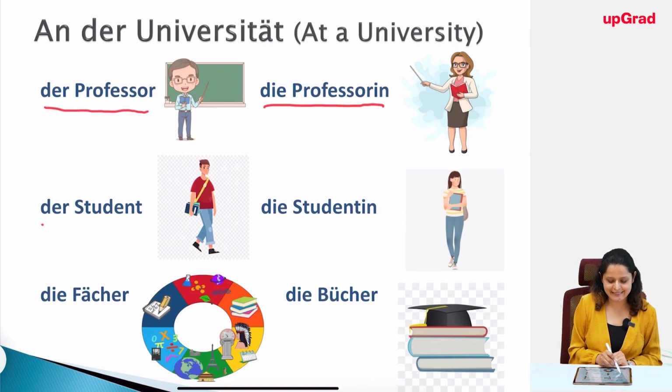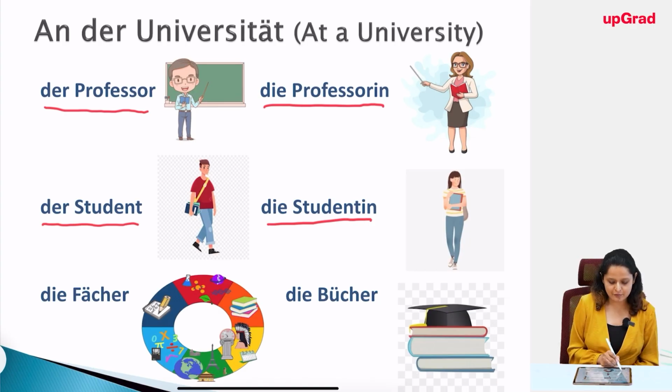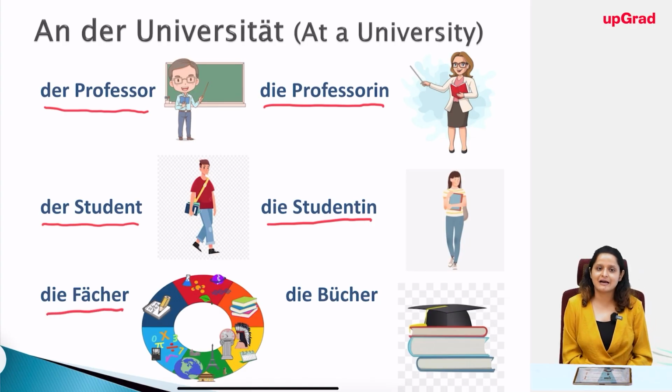Similarly, der Student, die Studentin. That means if you are a student, a guy, then der Student. If you are a student and a girl, then die Studentin. Then we come to the word the Fächer. Fächer are subjects.